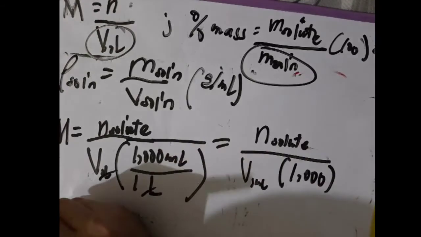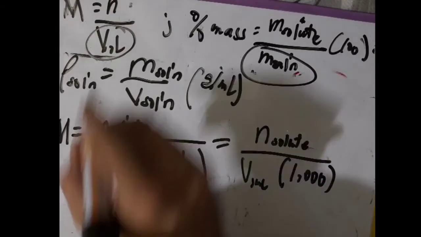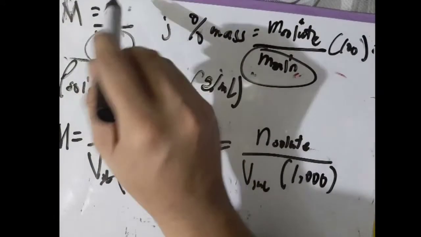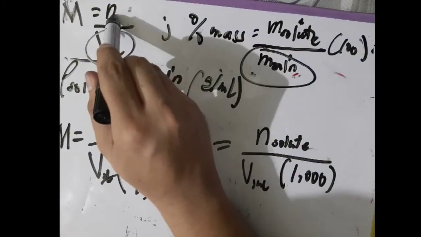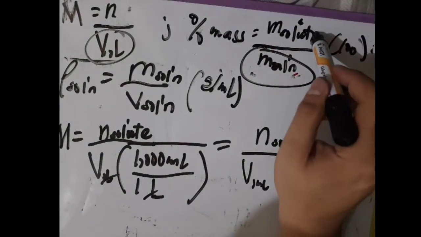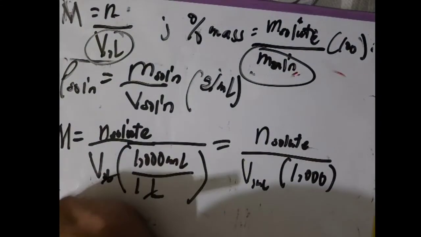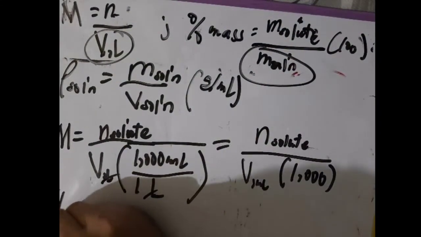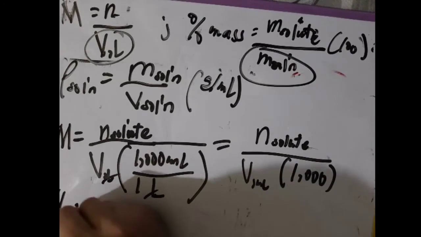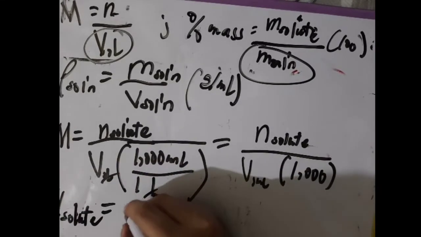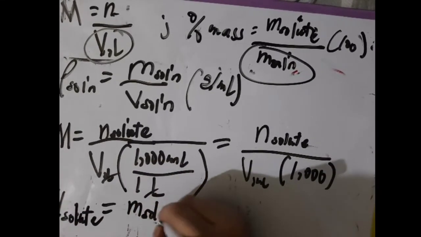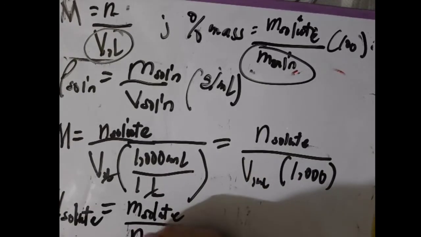Now we need also a bridging quantity between the moles of solute and the mass of solute, and their bridging quantity is their molar mass. So by definition, molar mass is the grams of solute per moles of solute, right?